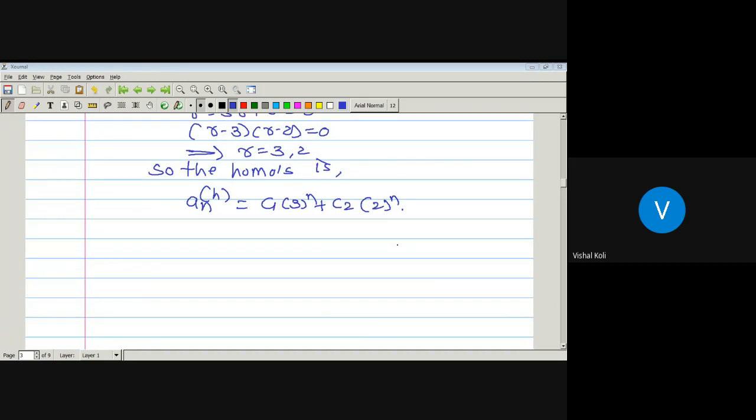As our right hand side f of n is a constant, what should be its trial function? A. Let a(n) equal to A be the trial function, since f of n equal to 2 is constant.